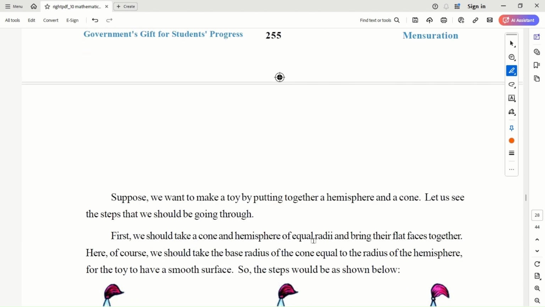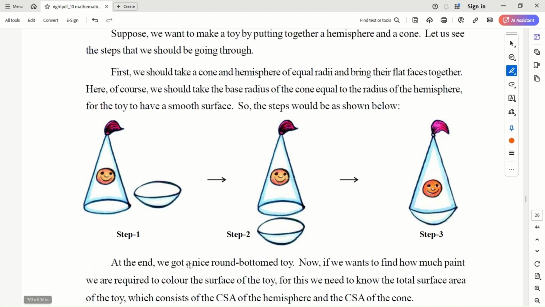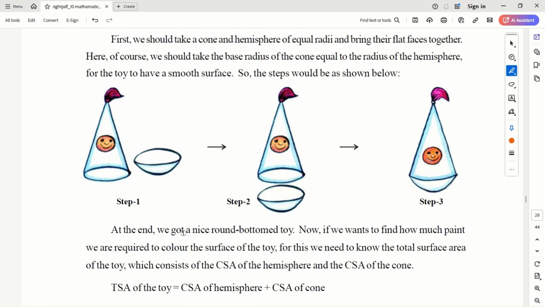In this case, for the total surface area of this cone, remove the bottom, and take only the curved surface area of this hemisphere, and add them. That is, the curved surface area of both these objects is the total surface area of the toy.